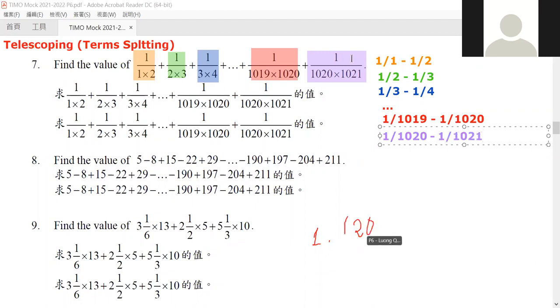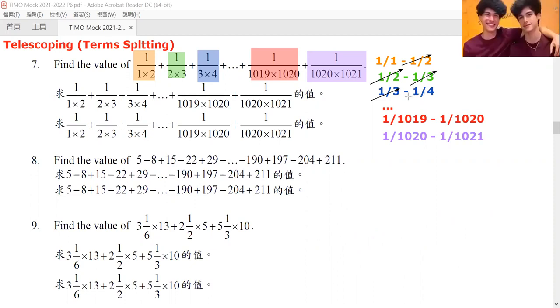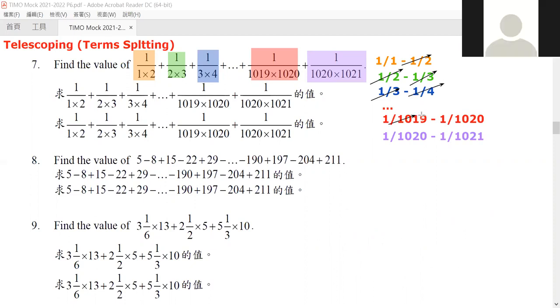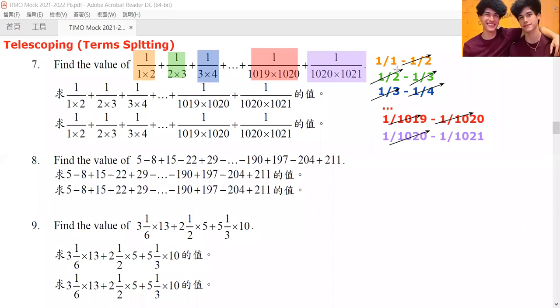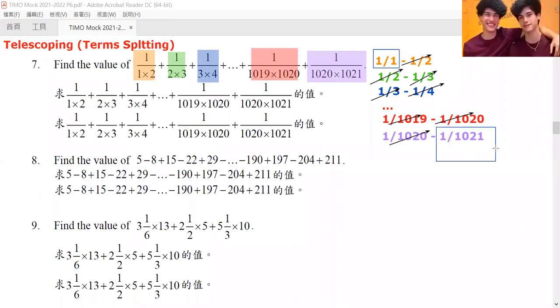Now, in here, you can see that all these terms can cancel out, because minus 1 over 2 and plus 1 over 2 will cancel out. Minus 1 over 3 and plus 1 over 3 will cancel out. The only thing that does not cancel out is the first and our last term: 1 over 1 minus 1 over 1021.